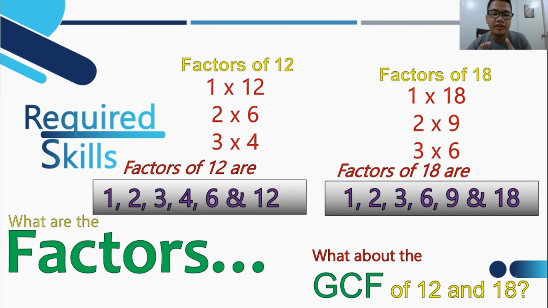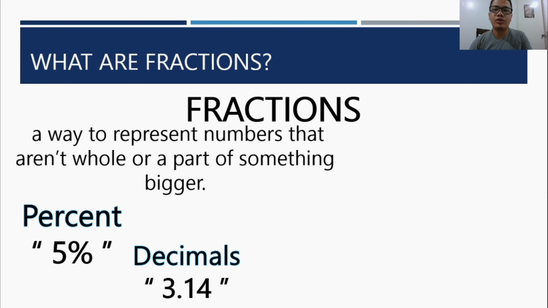Why does it say "a way"? Because there are other ways, and I believe you've seen these already. We have percent and decimals. Percent and decimals are also just part of a whole, or part of something bigger.